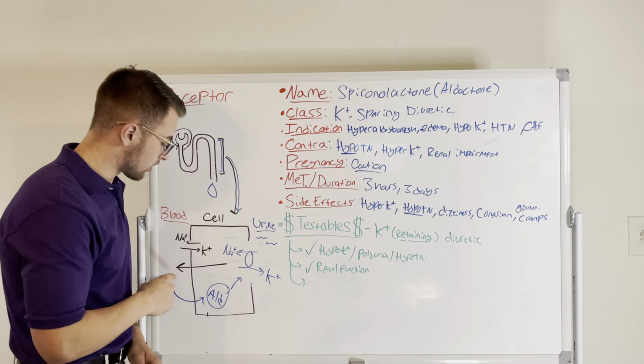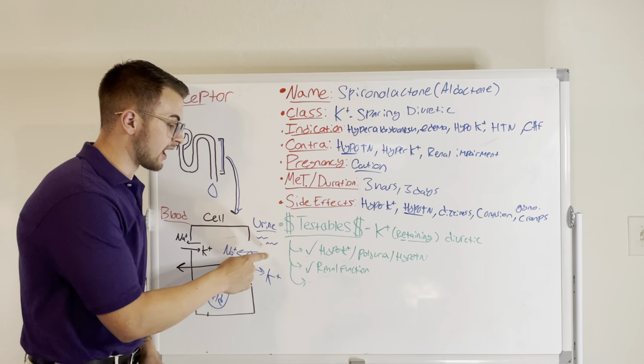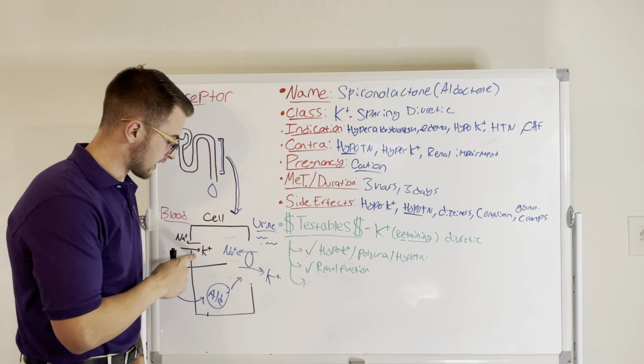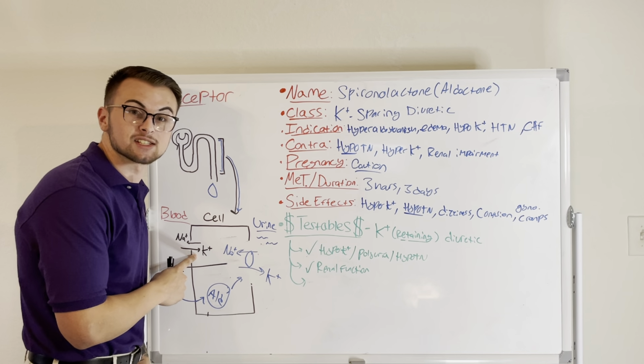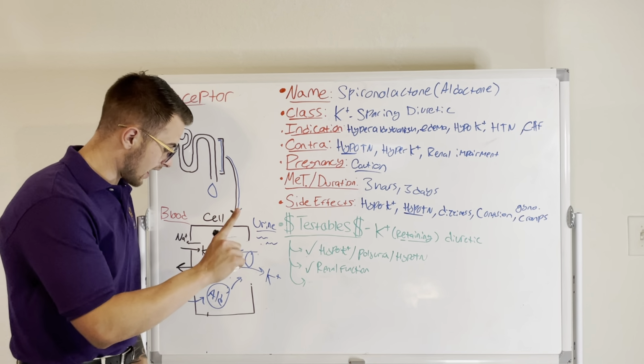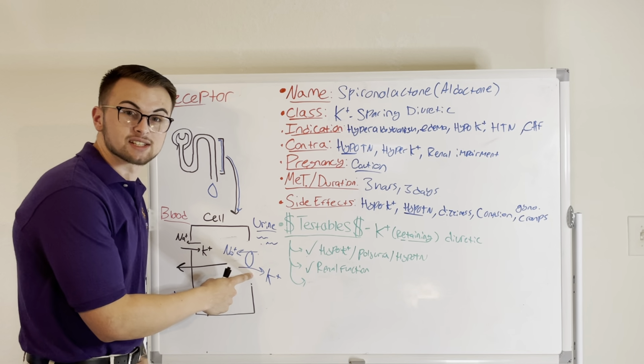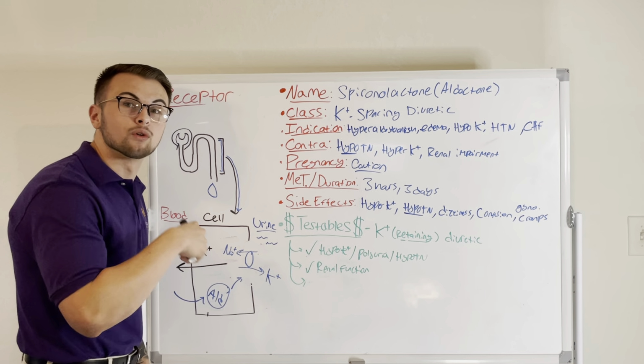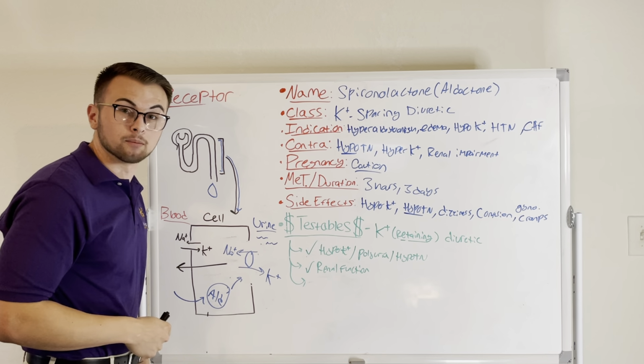Now, our cell has a blood-facing side and a urine-facing side. On the blood-facing side, it has our favorite sodium-potassium ATPase, and on the urine side, it has our sodium and potassium revolving doors, as I call them.